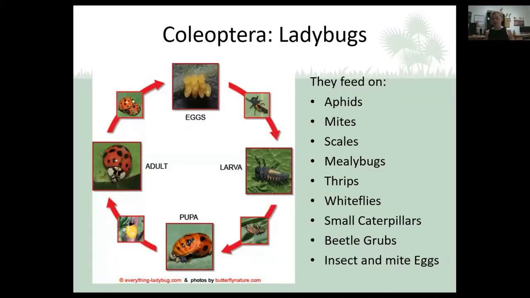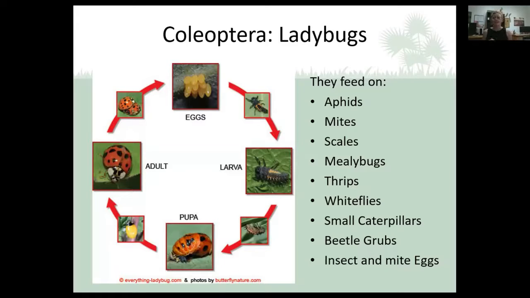I'm going to go into some specific orders now and some specific examples in those orders of insects that are beneficial for you horticulturally. Ladybugs, for example, are more properly referred to as lady beetles because, as you will see, they are in Coleoptera, which is the beetles. And we learned today that bugs are Heteroptera.